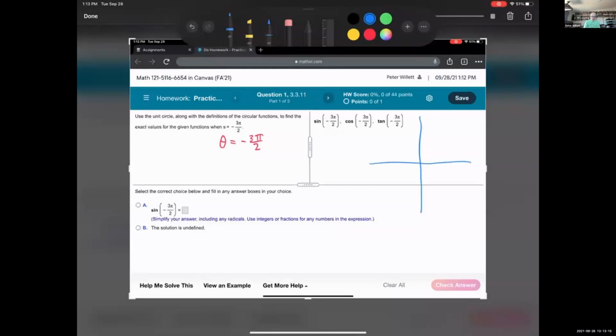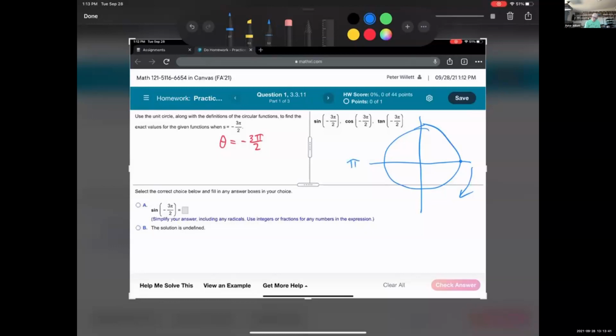This is a negative angle. And so in a negative angle, I'm going in this direction from the starting point here when theta is 0. And I want to go 3 pi over 2. We want to remember that all the way around is 2 pi, because that's the circumference of a unit circle. And so this is pi here.